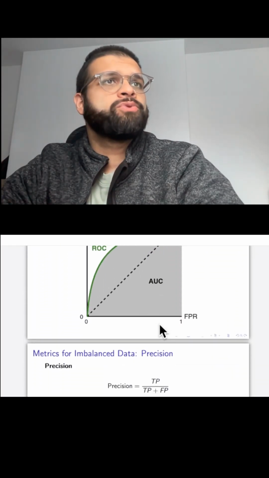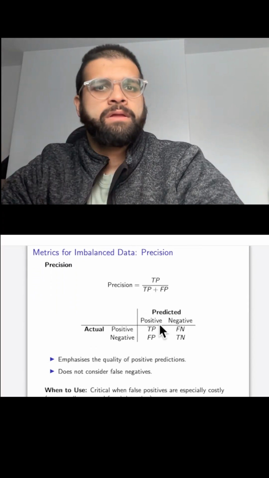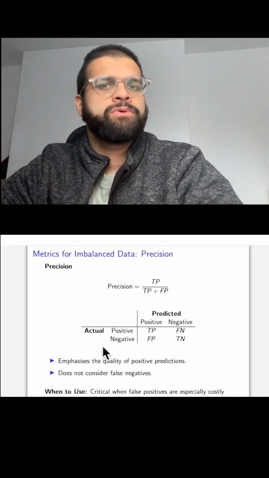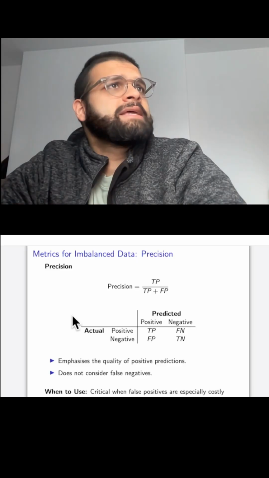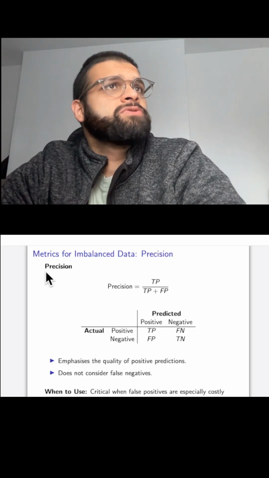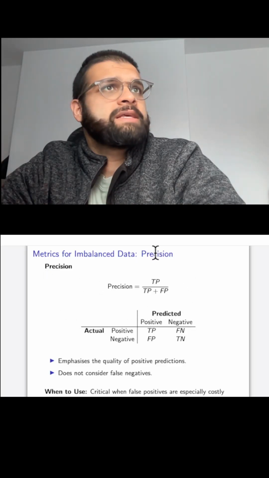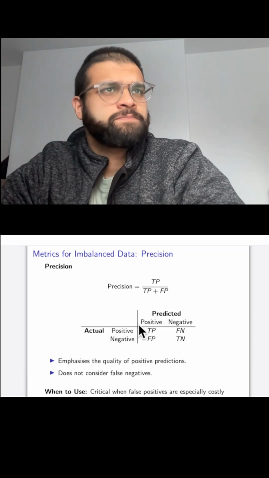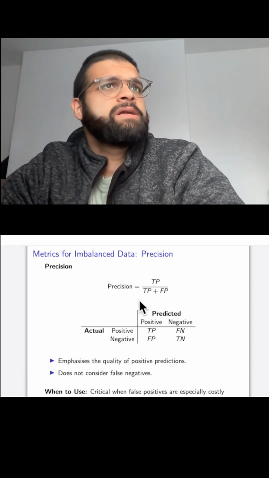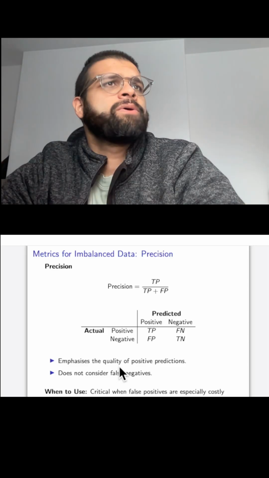Now we go to imbalanced data. One of the metrics you can use is precision, which looks like this. That's basically the vertical percentage, and it emphasizes positive predictions.